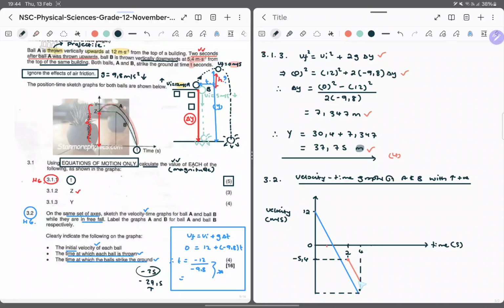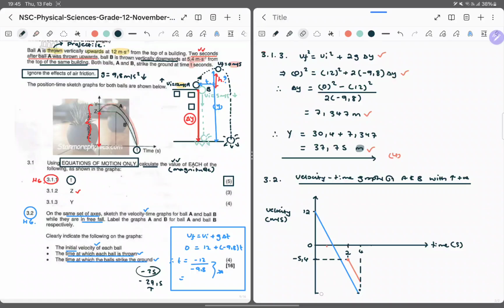So that means its end velocity, the velocity with which this one hits the ground, has to be higher than the velocity with which the other one hits the ground, because it came from a very high maximum height. So it will definitely hit at a greater velocity. So this is why it is very important to take care in these kinds of questions, guys.